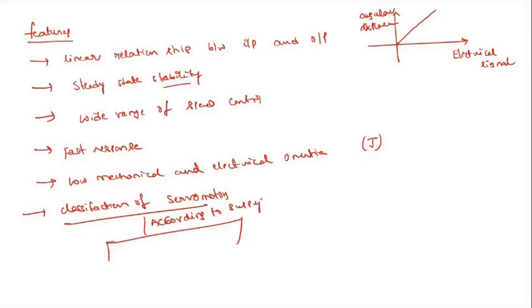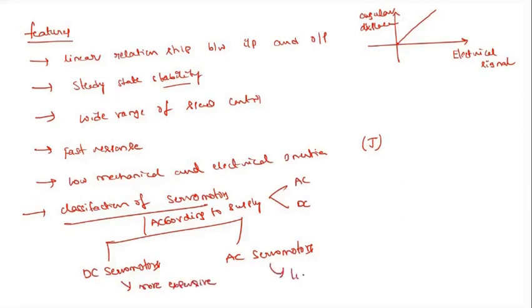So the servo motors are classified into two types: one is DC servo motors, and the other is AC servo motors. The DC servo motors are more expensive. The AC servo motors are less expensive.